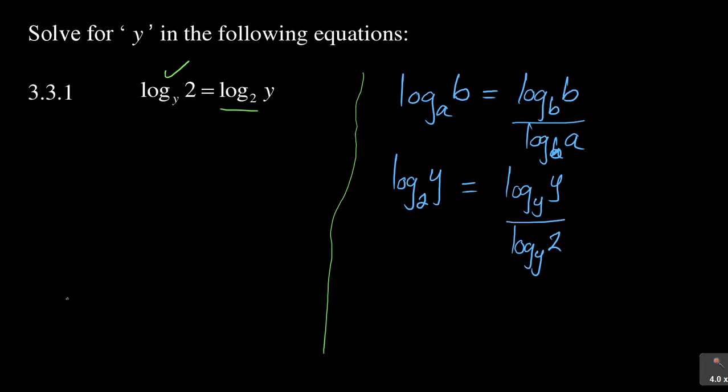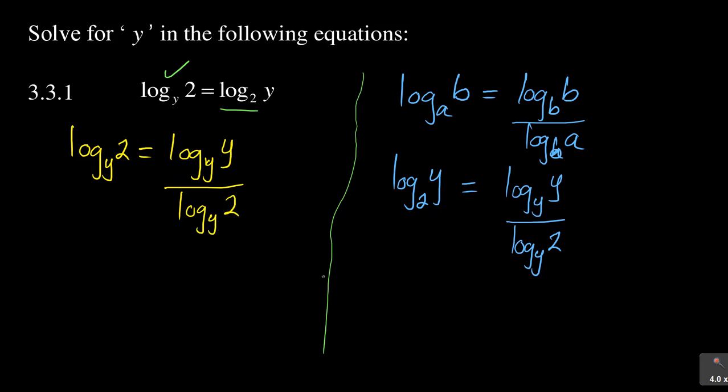So then I will have log base y of 2 is equal to log base y of y all over log base y of 2. Now you can see that everything is under the same base, and that particular base is y.